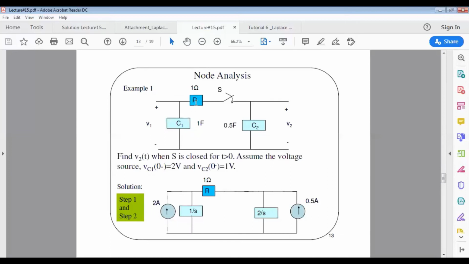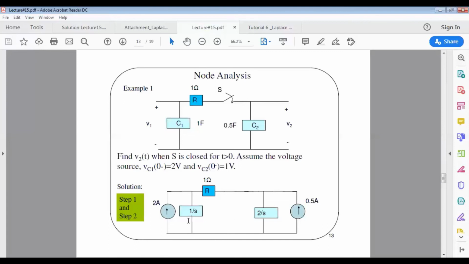There's a resistor of 1 ohm and there's a switch S. The question is to find V2(t), the voltage across the capacitor when the switch S is closed, for t bigger than 0. The assumptions made here are VC1(0-) is 2 volt and VC2(0-) is 1 volt. VC1(0-) is the initial voltage for capacitor C1, and VC2(0-) is the initial voltage for capacitor C2, which are 2 volt and 1 volt respectively.